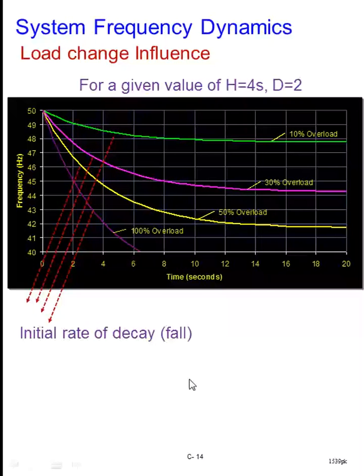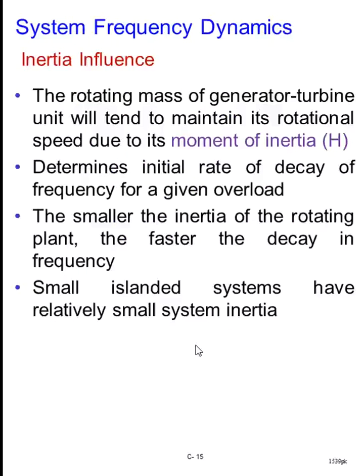The next factor that influences the frequency variation is the inertia, and this is the combined inertia of the turbine generator unit. This determines the initial rate of decay for a given overload. The smaller the inertia, the more the decay of frequency.